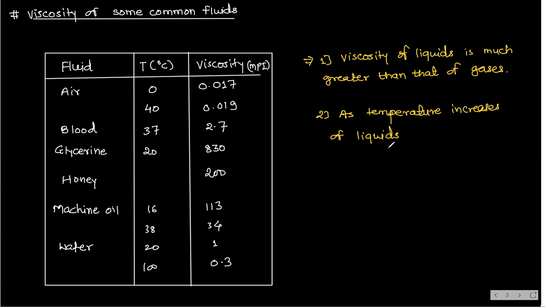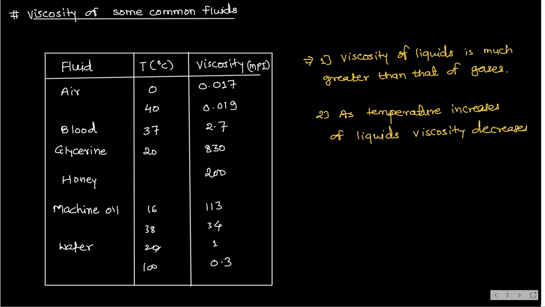As temperature of liquids increases, viscosity decreases. You can see in case of water, at 20 degrees Celsius it is 1, but at 100 degrees Celsius it is 0.3.